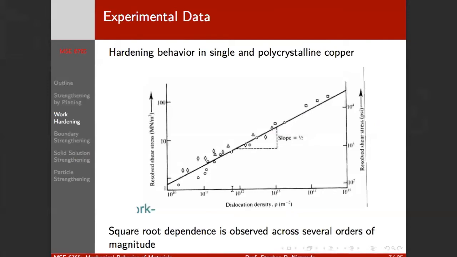And 10 to the 15th, this is a highly work hardened polycrystal, right? And you see a pretty good relationship, which tells you, right, that we go through a 2 order of magnitude change in our yield strength, right? We go from 1 MPa for easy glide in a single crystal to 100 MPa at the end of stage 2 hardening of a polycrystal, right? So that's a pretty significant change.